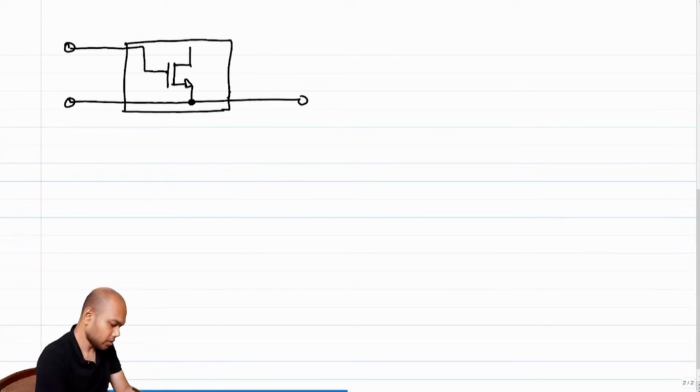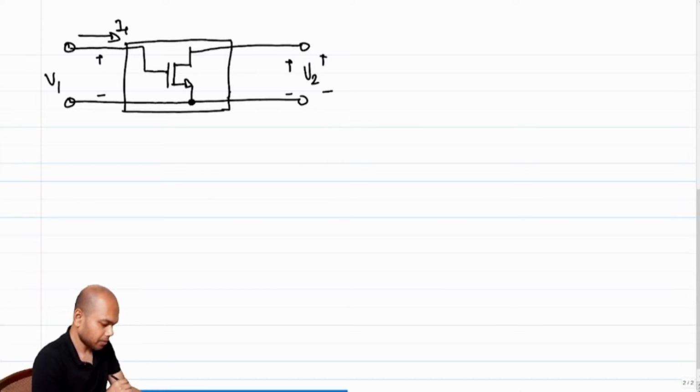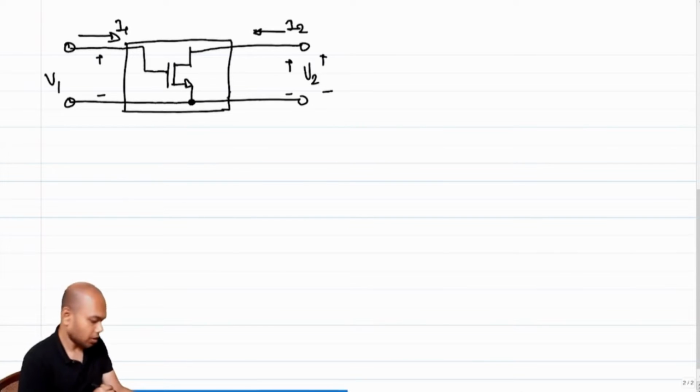The first port is this. The second port is this, right? And we call this V2, and we call this V1. This current that is going into port 1, we call I1, and this current that is going into port 2, we call I2.